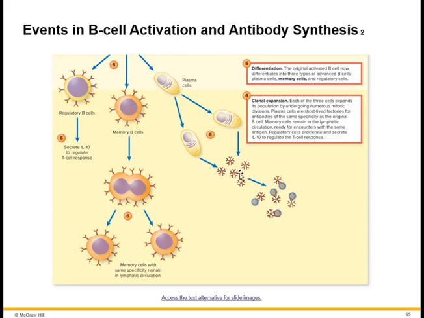Plasma cells will create antibodies like these IgM antibodies right here, which then have indirect jobs of killing. They will increase phagocytosis or cause inflammation, and sometimes they will help the complement. The complement will poke holes in them. So that's the B cells.